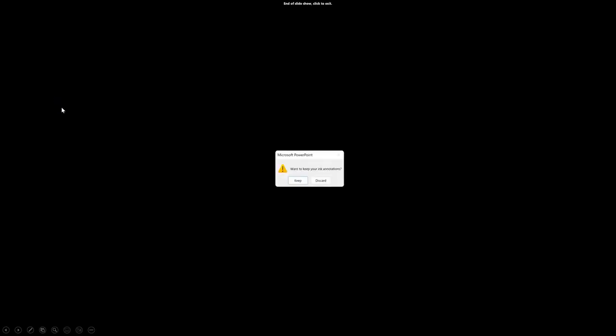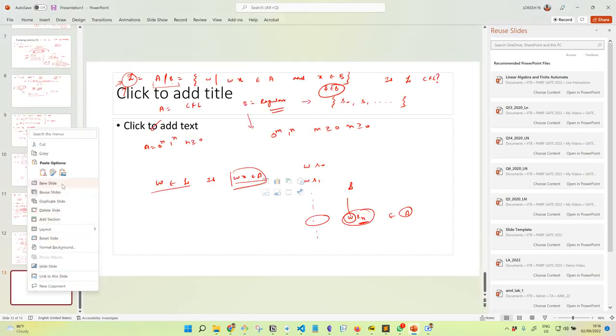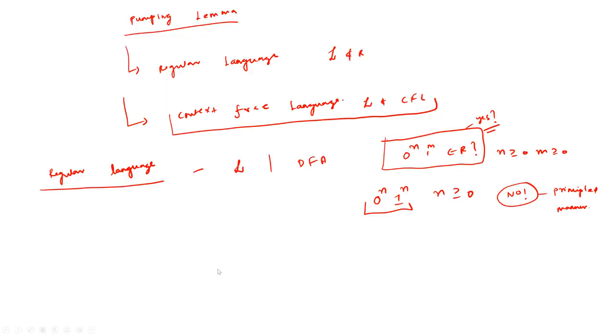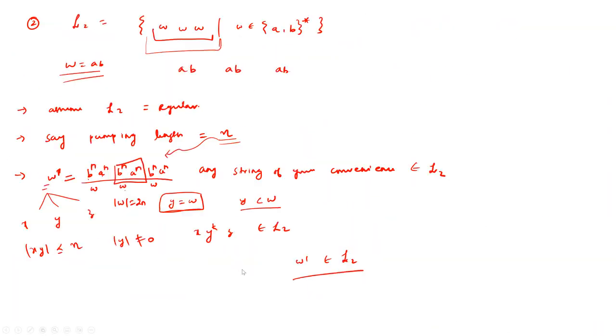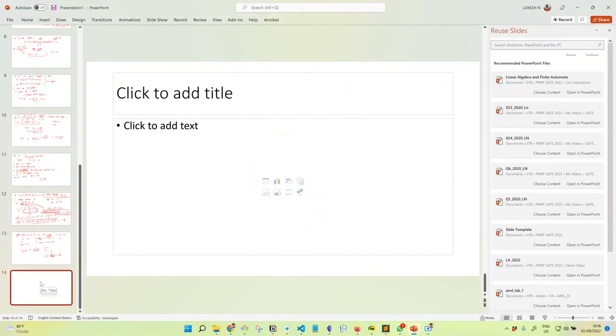No? Okay, so let me add a slide maybe. What I'm saying is, let's say B is a regular language, and let's assume that epsilon is also accepted by B. Now you want to construct strings of the form Wx such that Wx is accepted by A, where A is a context free language.